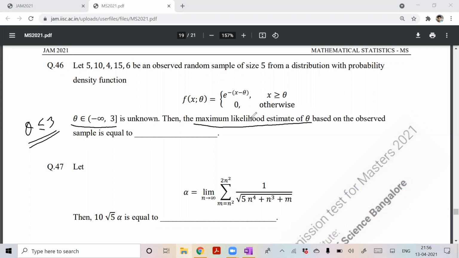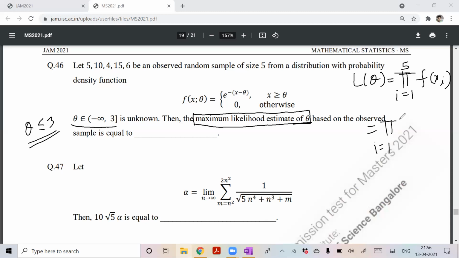Okay, so MLE means we have to maximize the likelihood function. So what is the likelihood function? L(theta) is the product over i from 1 to n, and whatever sample you have, the sample size is 5, so i from 1 to 5.